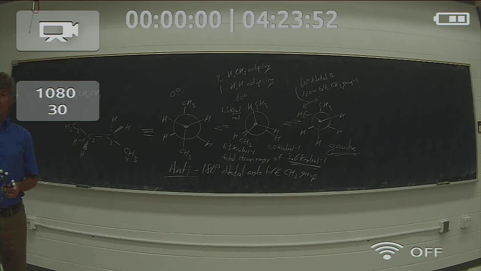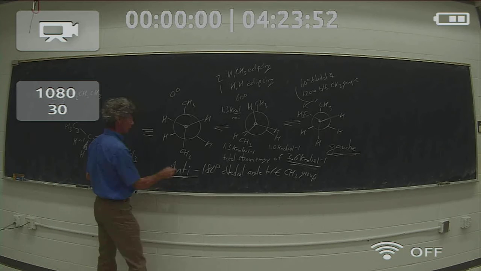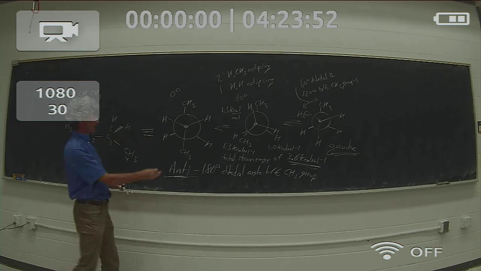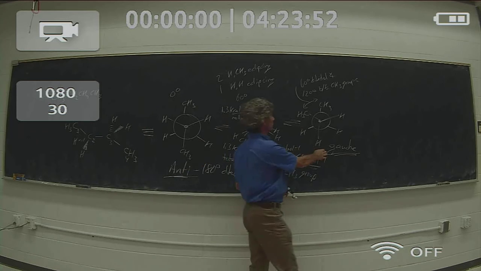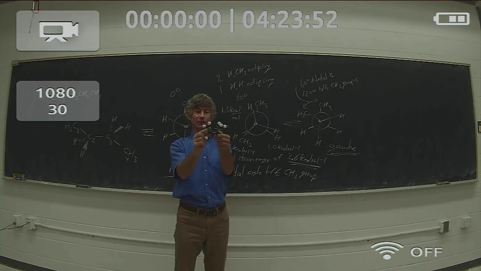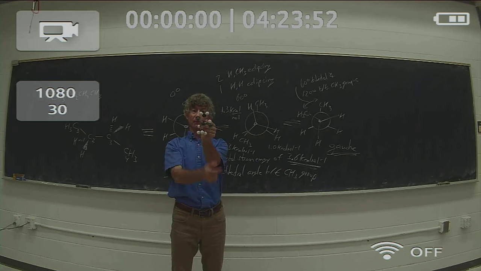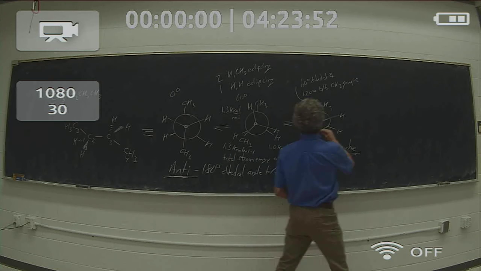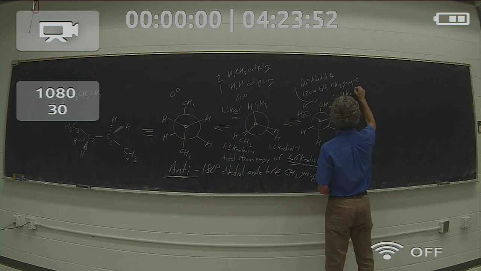So unlike the situation for ethane and propane, our staggered conformers are no longer equivalent. We now have two different energies, the anti-conformer and the gauche conformer. And this strain, the gauche butane strain, from putting the two CH3s 60 degrees apart instead of 180 degrees apart, that strain costs you 0.9 kilocalories per mole.